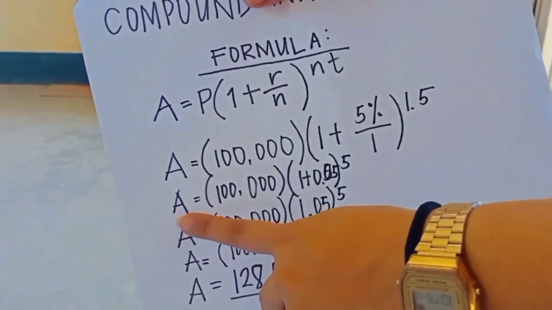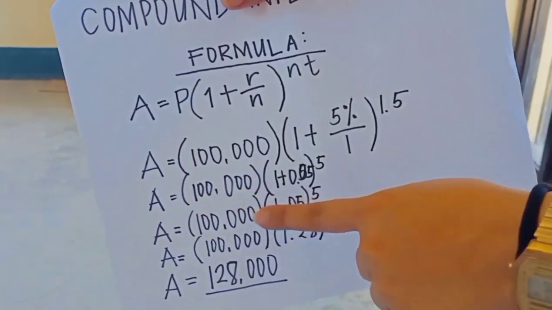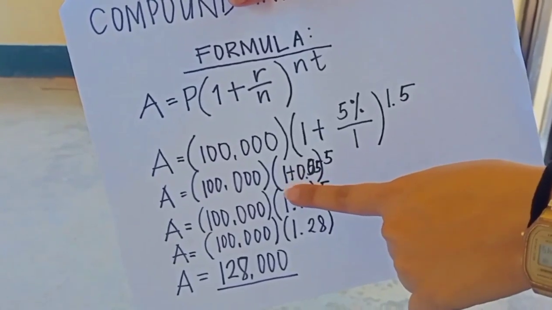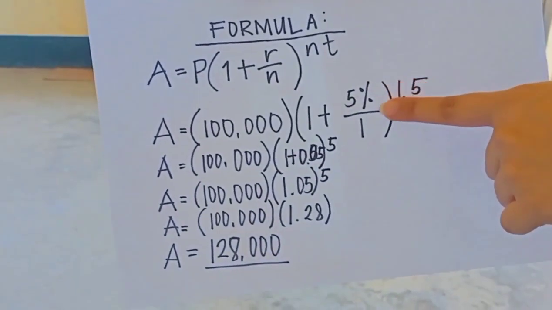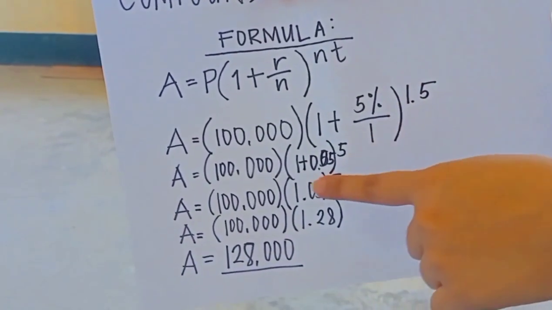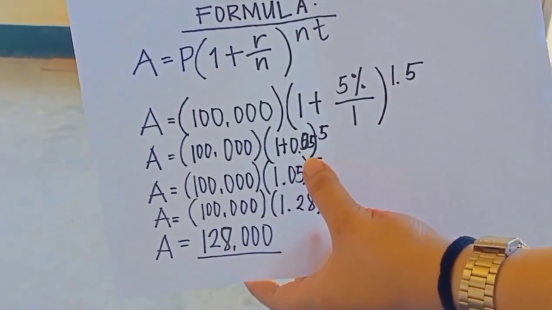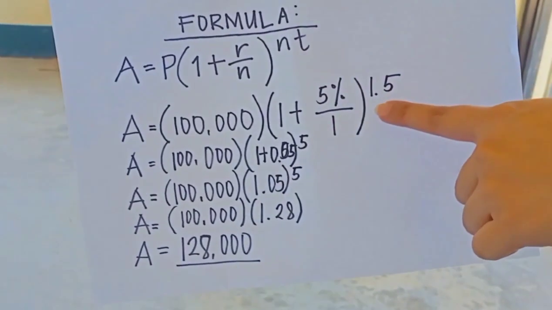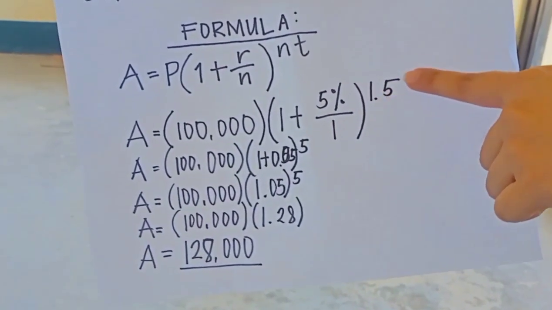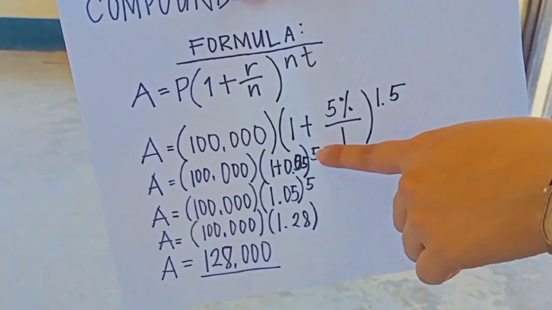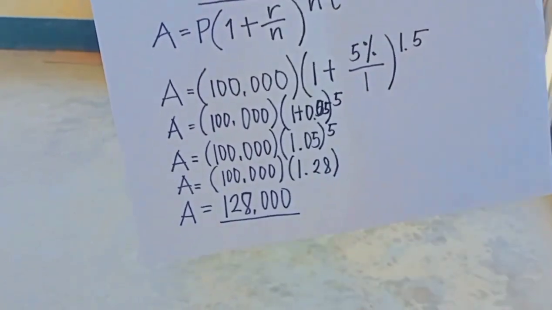So, A equals 100,000 times 1 plus 5% divided by 1. So we will have 0.05, and we multiply 1 times 5 and we get 5 here.